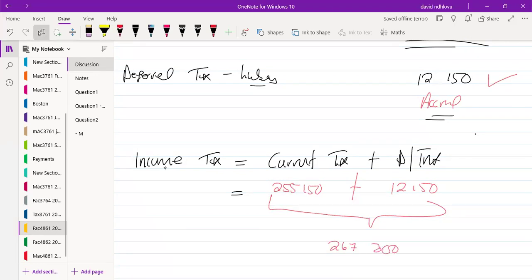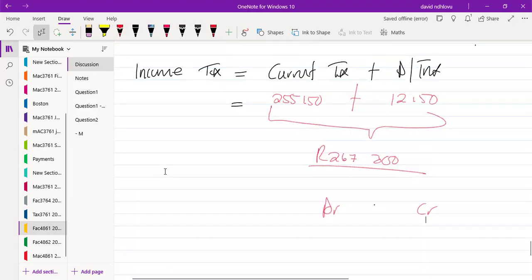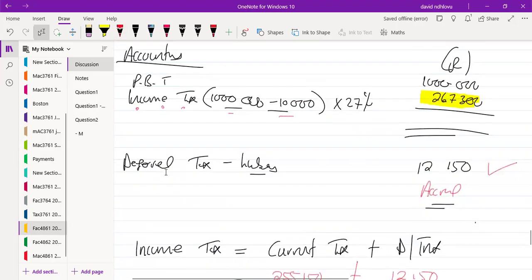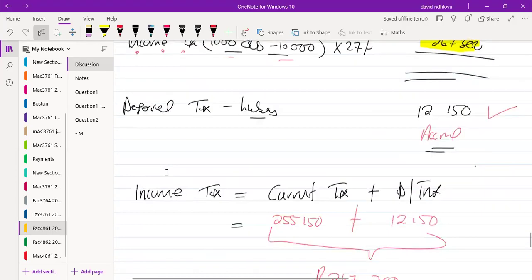When you do self-study and go through the study guide or the textbook, they will tell you that income tax is the sum total of current tax plus deferred tax. If we're doing a general debit or credit, you generalize the current tax on its own. The figure is 255,150.